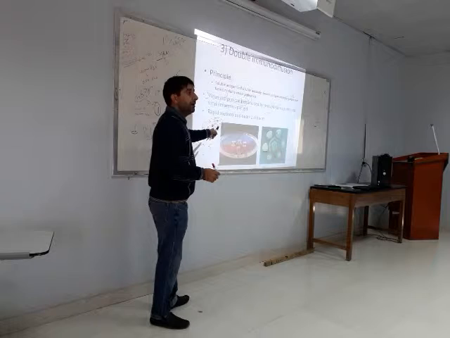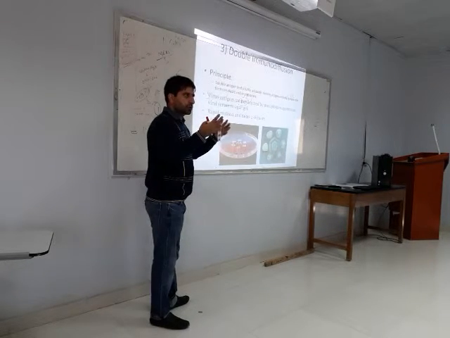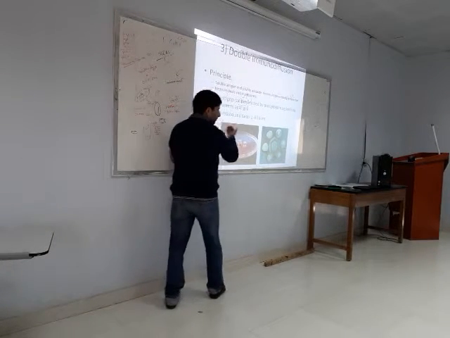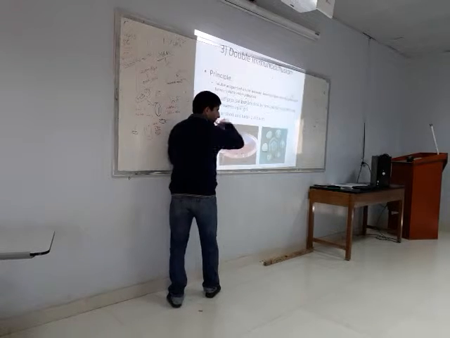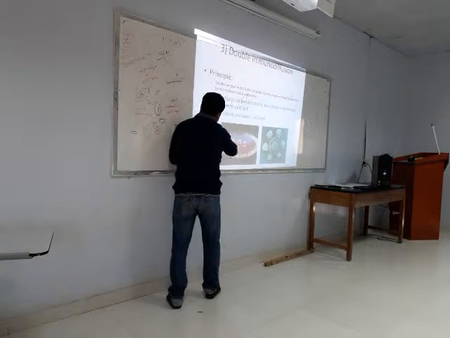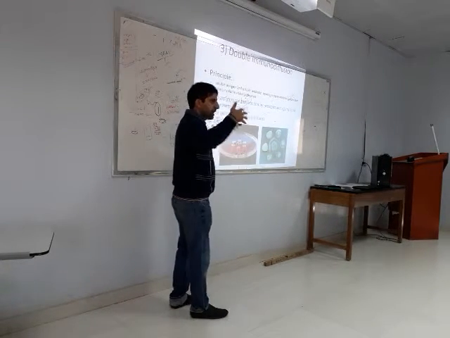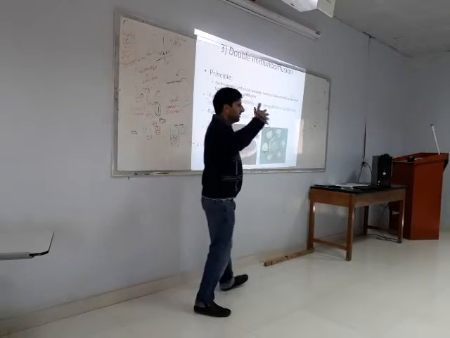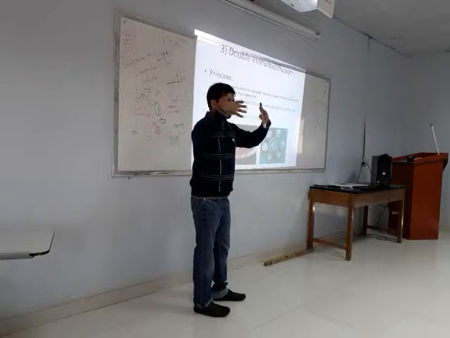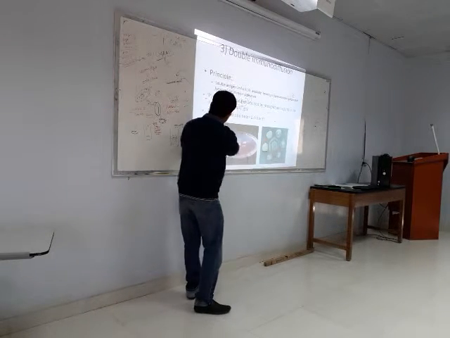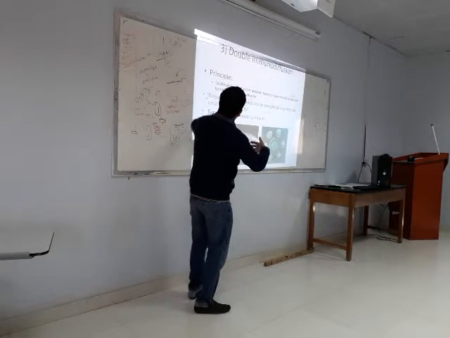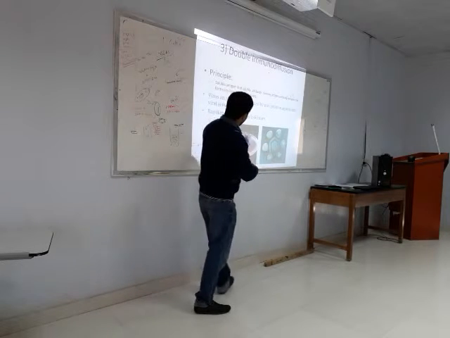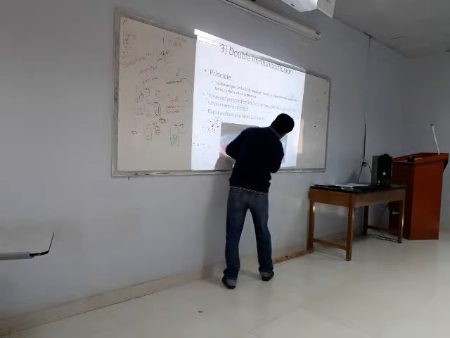After incubation for some time, both will diffuse, they will come out from these wells. Antigen will come out, antibody will come out, and this is called double. Antigen and antibody are coming out from the wells and trying to match each other. This is the result.